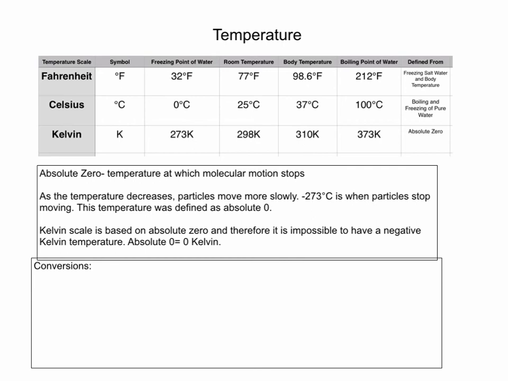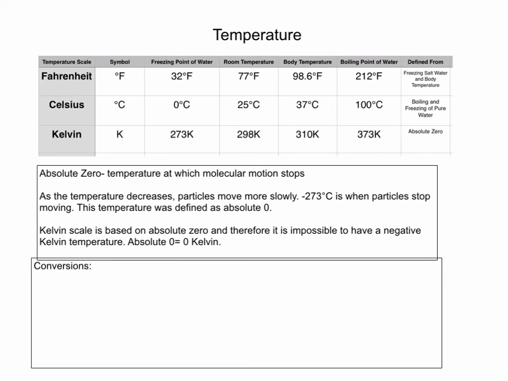Once we know these different temperature scales, it's often useful to be able to convert from one temperature scale to another. Many times, an equation or calculation will require you to use one temperature unit, but all you have is a thermometer or a measurement that's in a different temperature unit. Fortunately, these calculations are very straightforward.